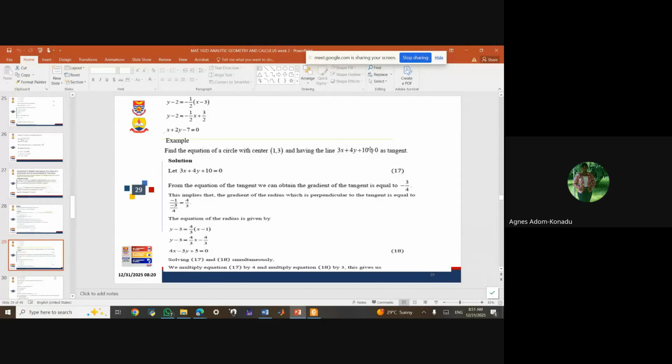So from here, you make y the subject, and you see that y will be equal to -3/4 x minus 10/4. And we know that when I have y is equal to mx plus c, my gradient is m.